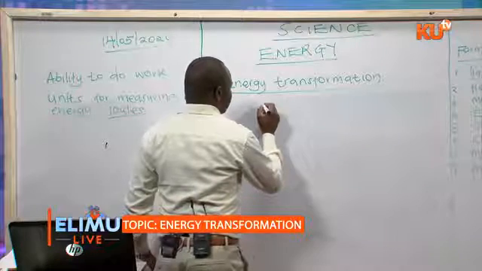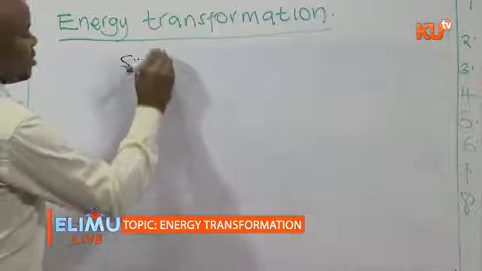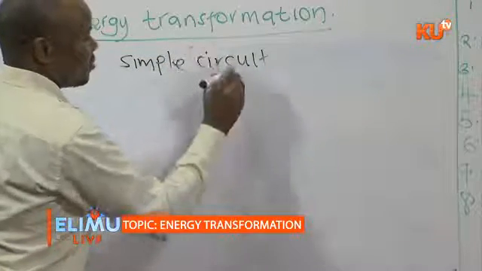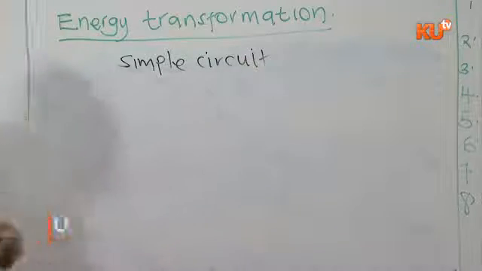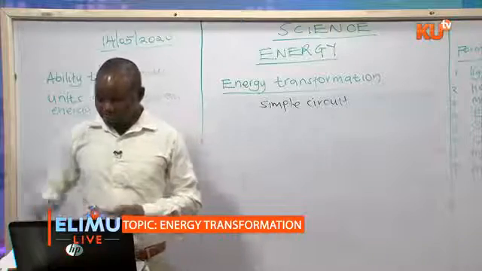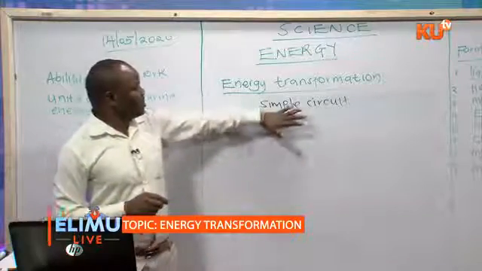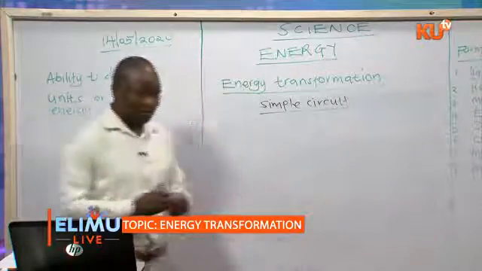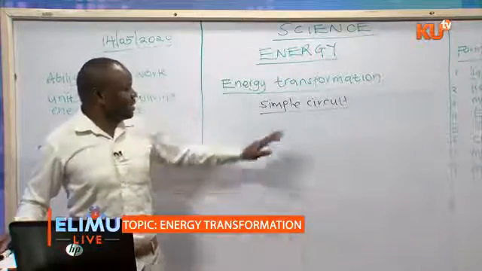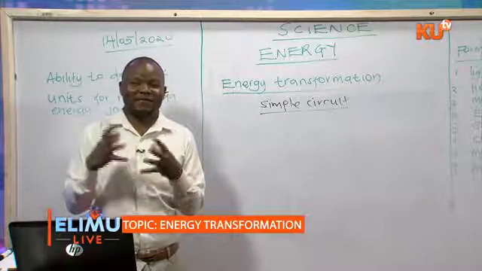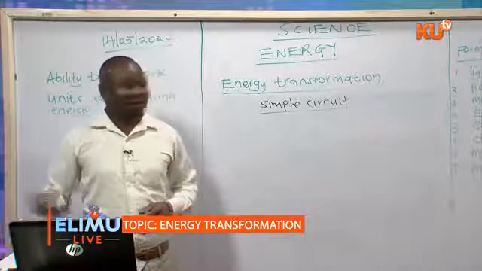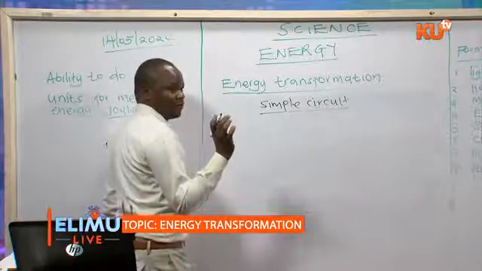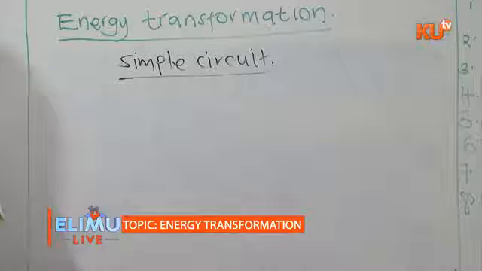Let me use a simple circuit. A simple circuit has just a few main components. First, the word circuit, maybe you can write down something.